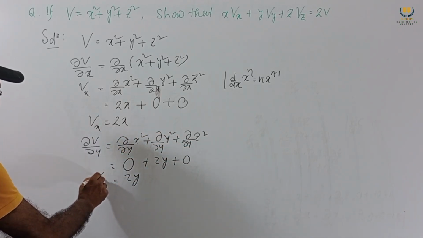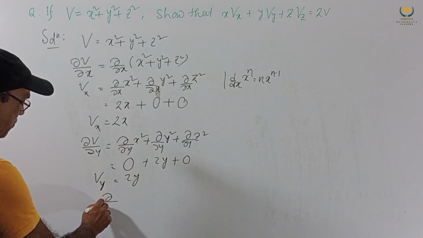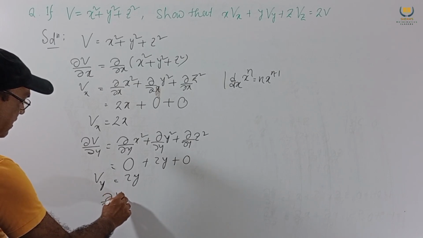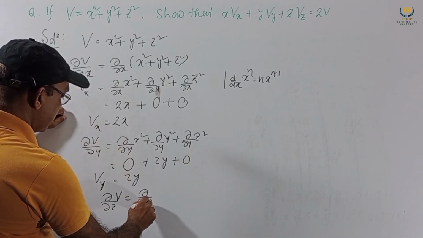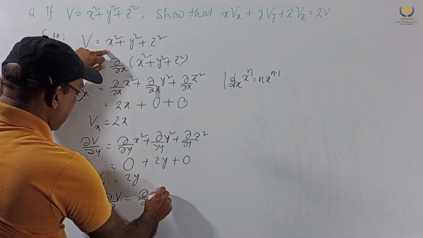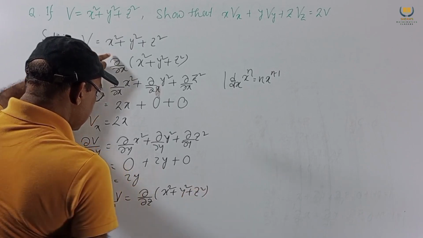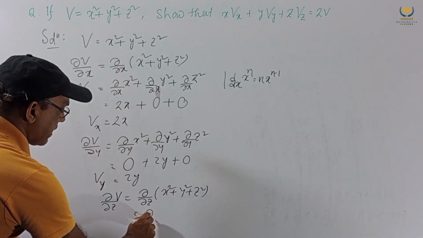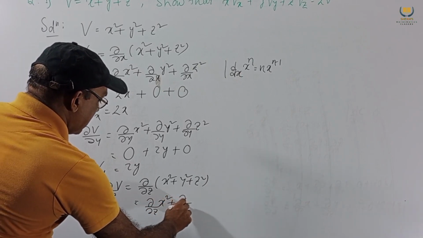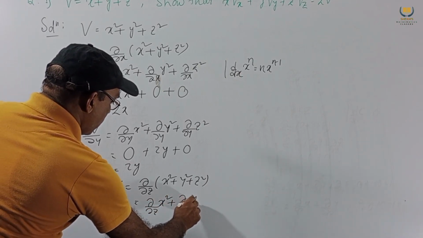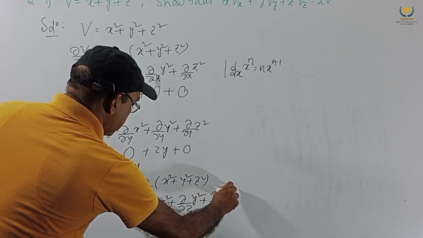This is Vy. Again we differentiate with respect to z. This is del z of x square plus y square plus z square. This is del z x square, del z y square, del z z square.